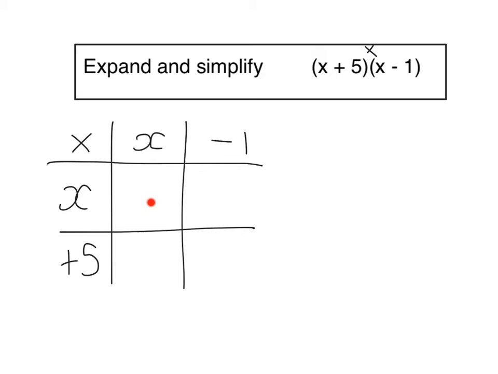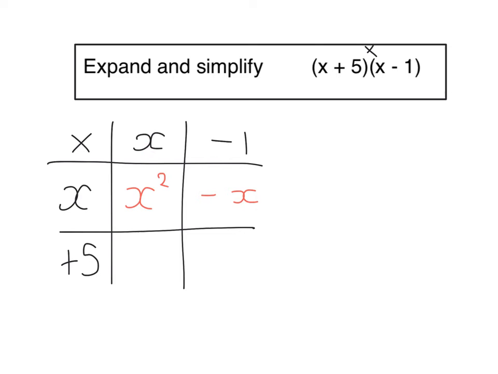So here, x times x is x squared. Here, x times negative 1 is negative 1x. Now I can put negative 1x, but remember, you don't actually need that 1 because it's an imaginary one. So we can just put minus x.